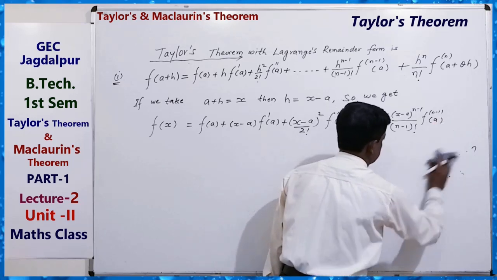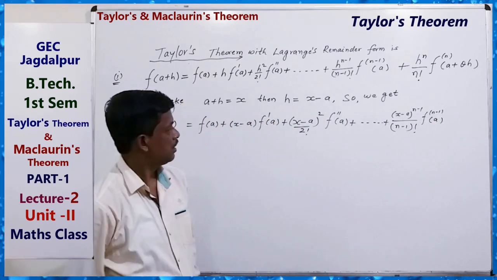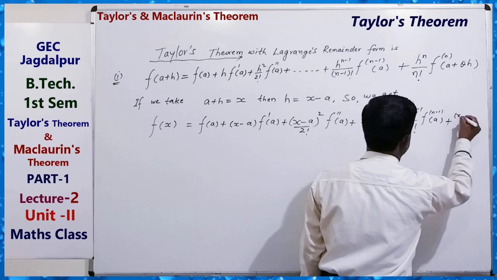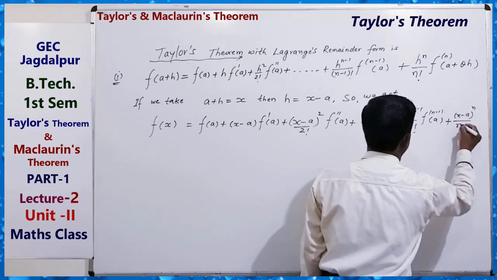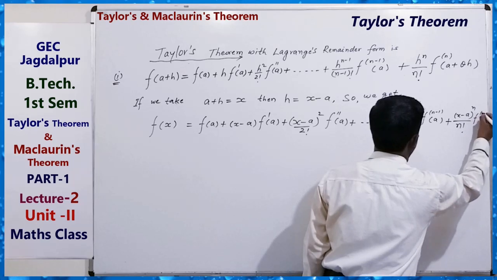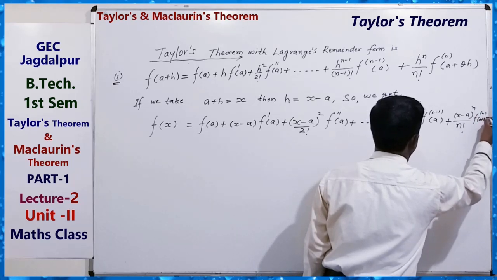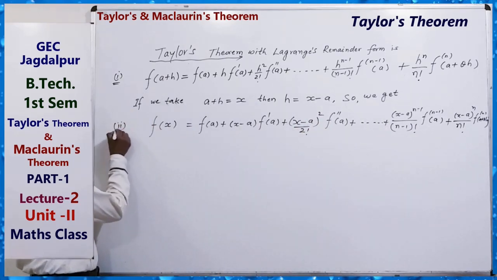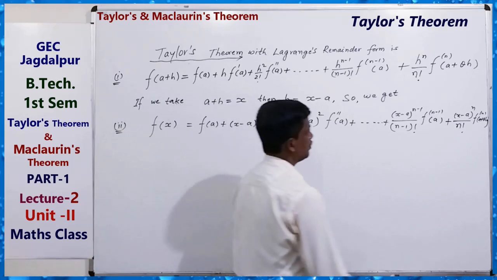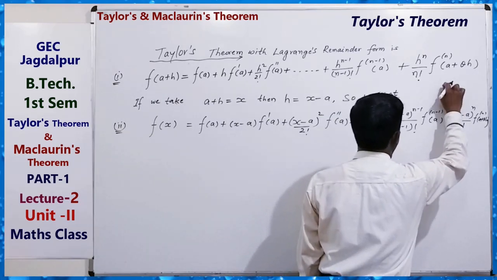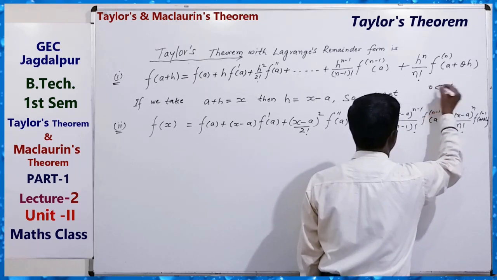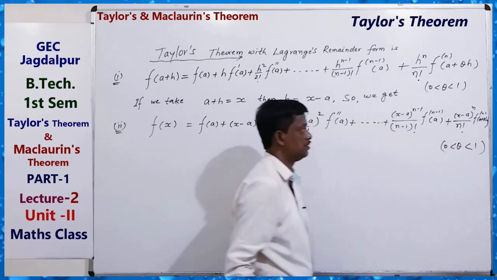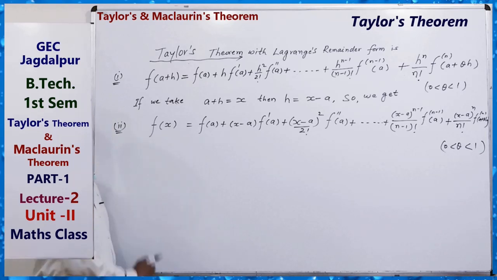Just write in place of h x minus a, and the last term will be (x minus a) to the n upon n factorial f^n(a plus theta h). Clear? So this is the second form. Theta lies between 0 to 1 always.